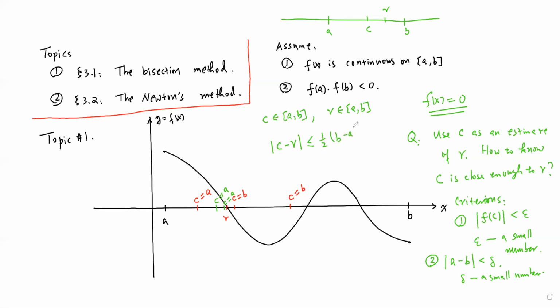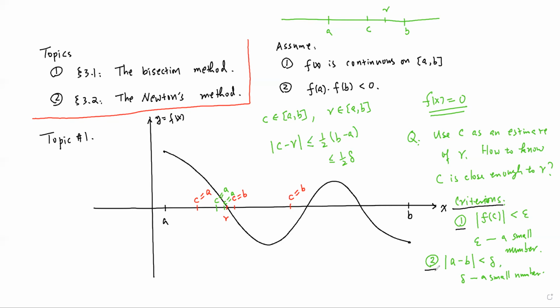So when B minus A is small enough, less than delta, then it is guaranteed the midpoint is also very close to the root r, less than 1/2 delta. So usually we adopt these two criteria to stop running the bisection method.